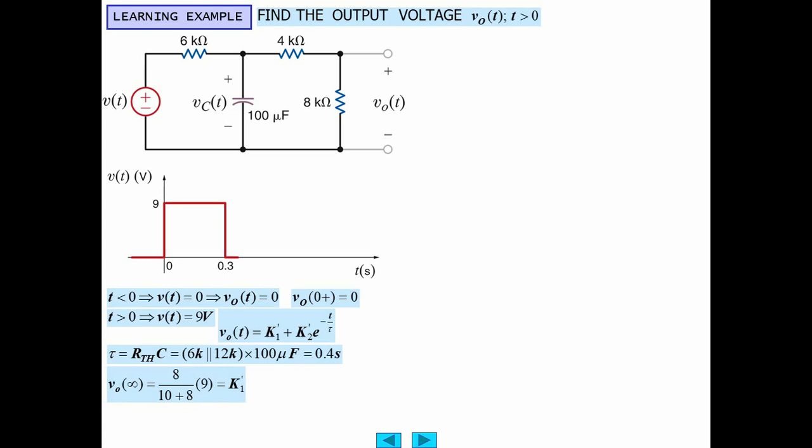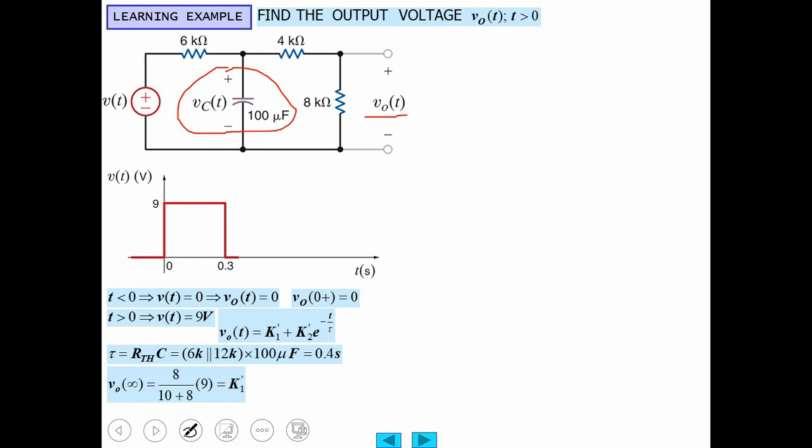At time equals infinity, steady state, this voltage is going to be given by the voltage divider equation. This is treated as an open. This is infinite resistance.